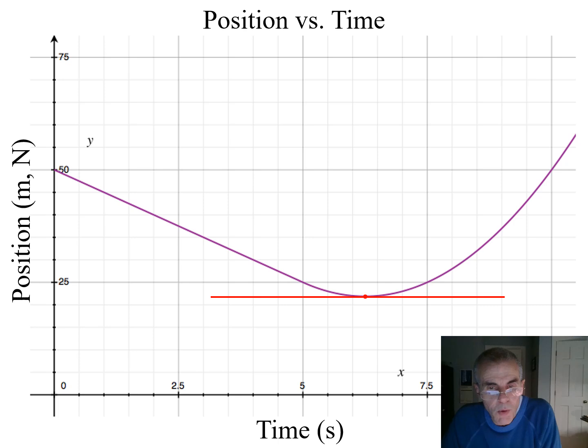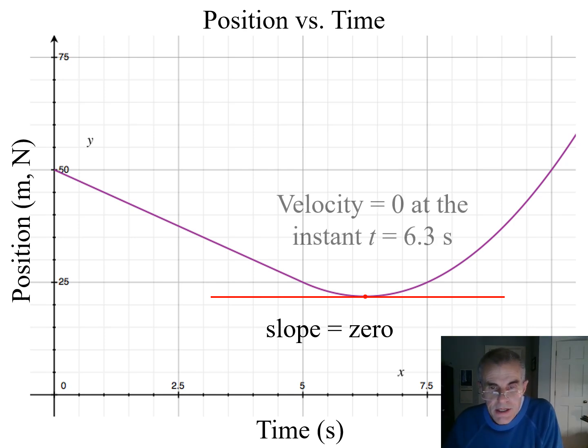Now here's an interesting point on the graph, the lowest point on this graph. If we drew a tangent line there, we would end up with a horizontal line. Hopefully you remember this from mathematics. If you find the slope of a horizontal line, what do we get? 0. Slope is 0. What does that tell us? That tells us the velocity would be 0 at that instant, which is about 6.3 seconds on the graph.